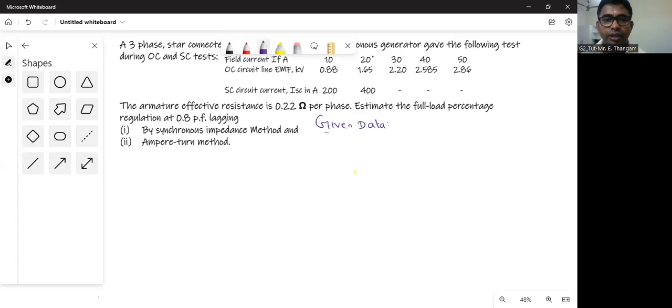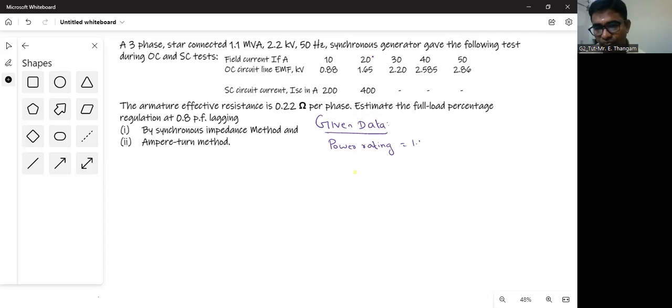So what is given is 1.1 MVA. That means your power rating, right? So the power rating is given, which is equal to 1.1 MVA, megavolt ampere, so 1.1 into 10 to the power 6 VA. Then what else is given?